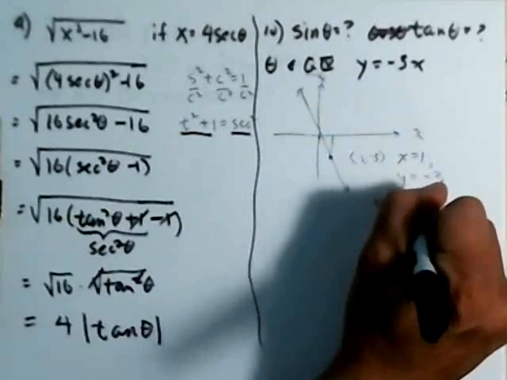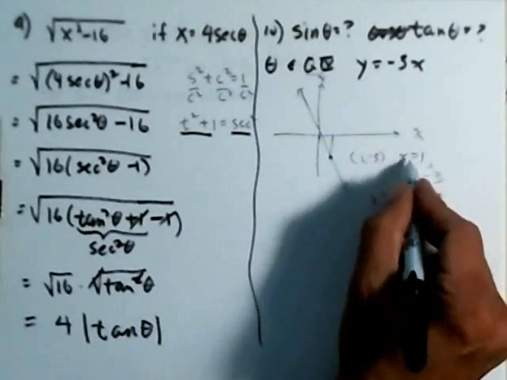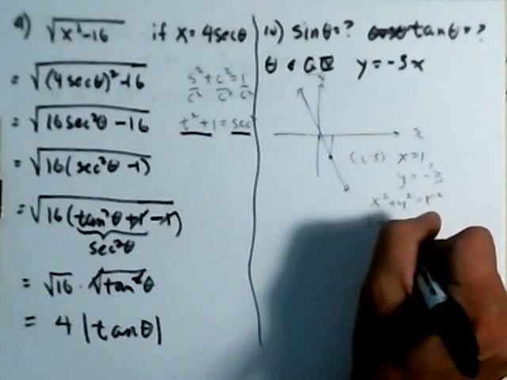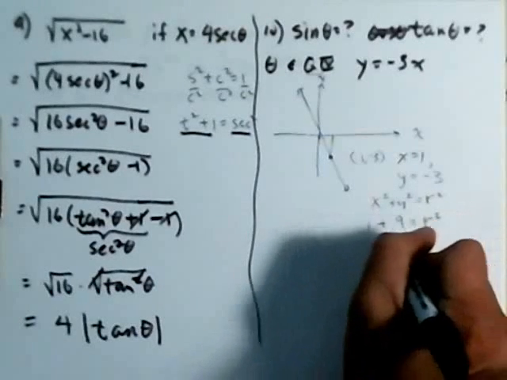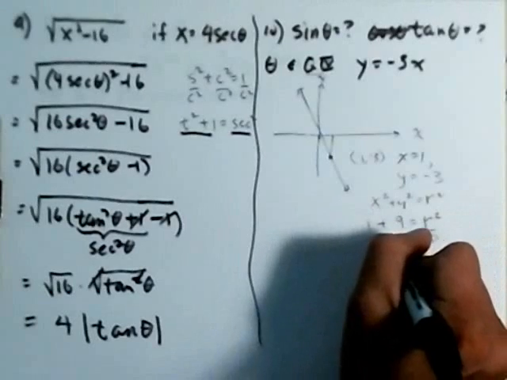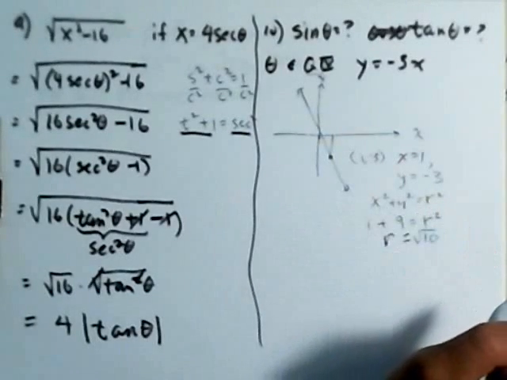X squared plus y squared is equal to r squared. It's the easiest point, I picked x equals 1. So 1 plus negative 3 squared, which is 9, is equal to r squared. R is equal to square root of 10. R, the radius, can never be negative, so you have to put positive square root of 10.